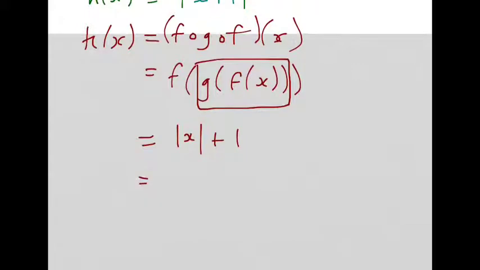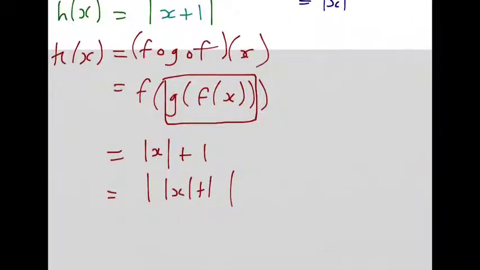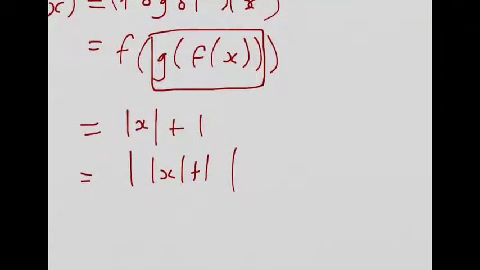So this would be the absolute of x plus 1. And that's it, right? But couldn't you take out the ones with both absolutes on either end because it's plus 1? Yeah, you could. That's a good observation. Yeah, if I absolute a number, that makes it positive. I add 1, still positive. So these brackets are unnecessary.